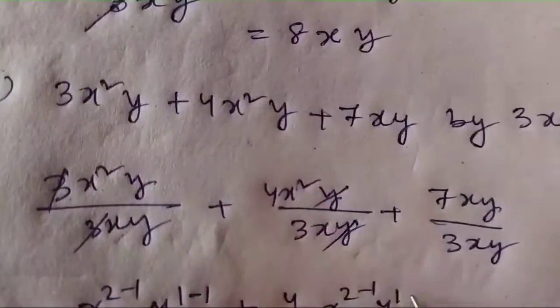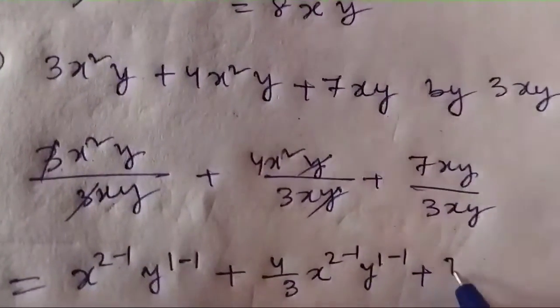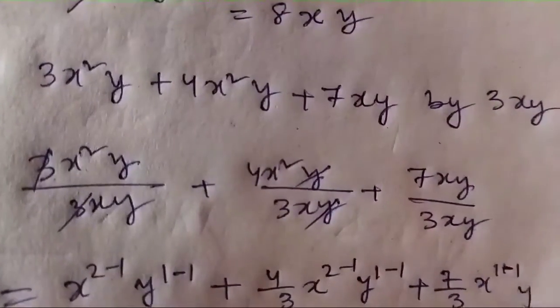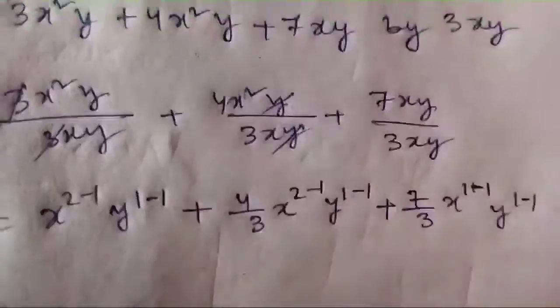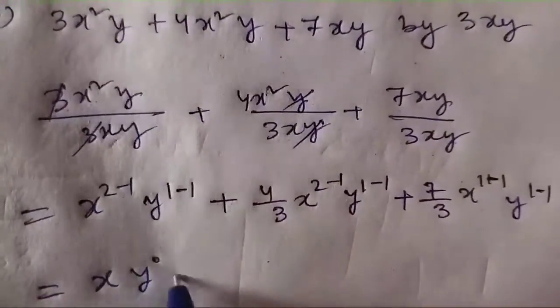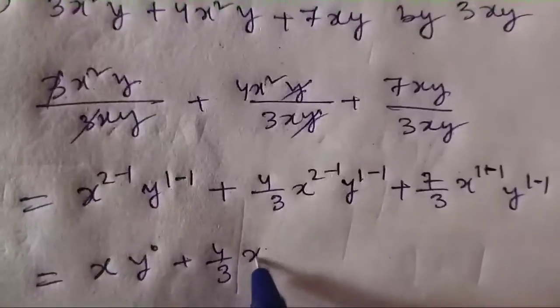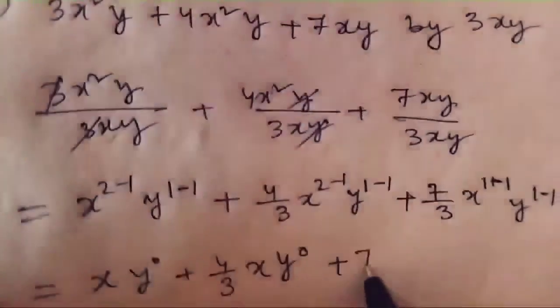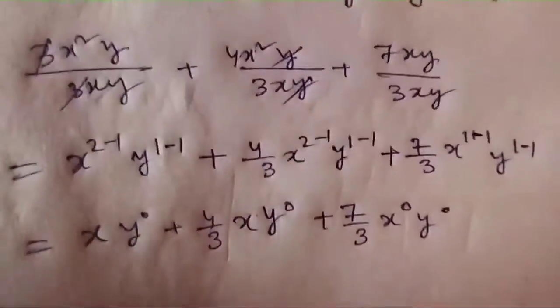Or you can write y to the power 1 minus 1, plus 7 by 3 x to the power 1 minus 1, y to the power 1 minus 1. So it will be x y to the power 0 plus 4 by 3 x y to the power 0 plus 7 by 3 x to the power 0 y to the power 0.